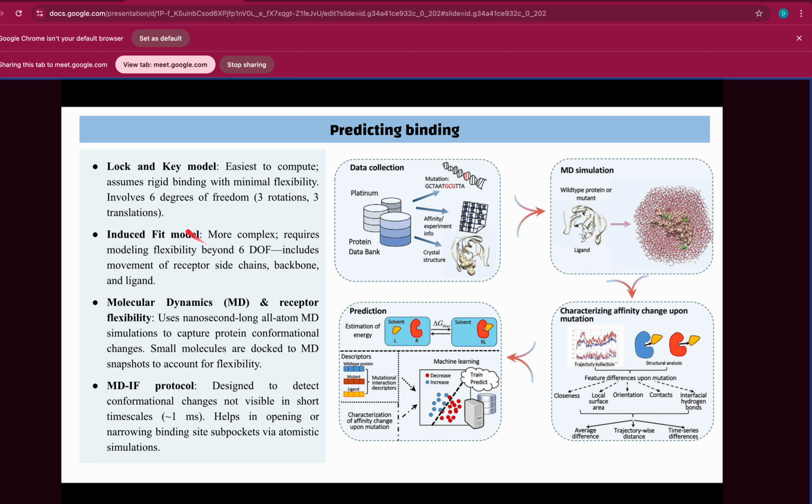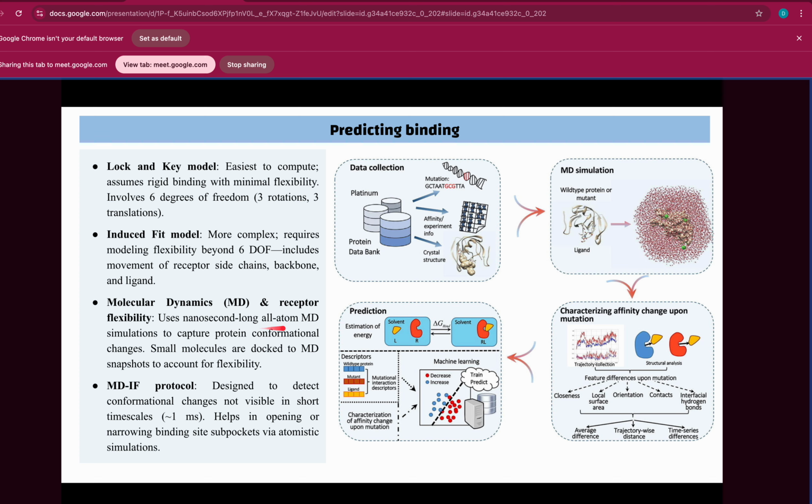On the basis of that, you can select the model depending on your desired interest, because if you are selecting an enzyme which is quite flexible, which keeps on changing conformation, then you need to make it flexible. You need to go for the induced fit model. Then comes molecular dynamics and receptor flexibility.